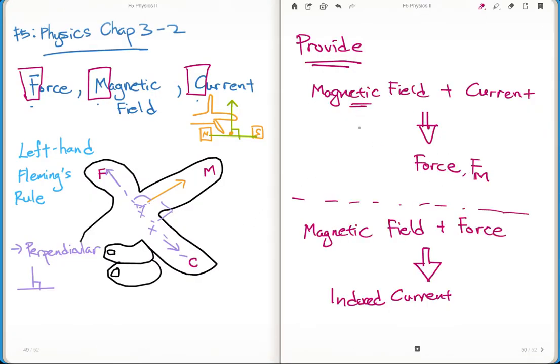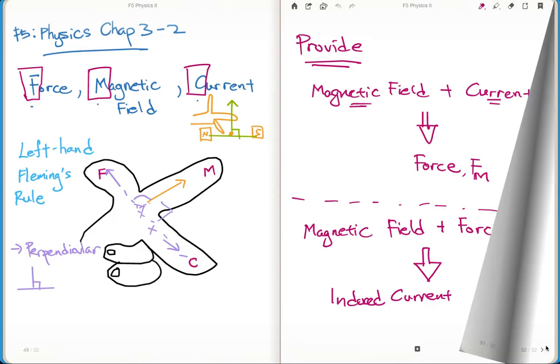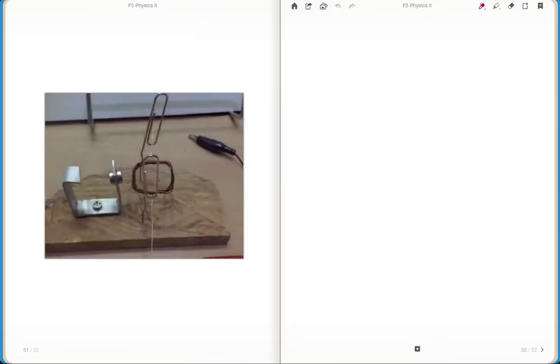Provide magnetic field, I provide direct current. You will get a force. Okay, that's my YouTube video. You may click on the link I embedded here, and then you're able to see this coil movement in slow motion, so that it will convince you that you will get a force.